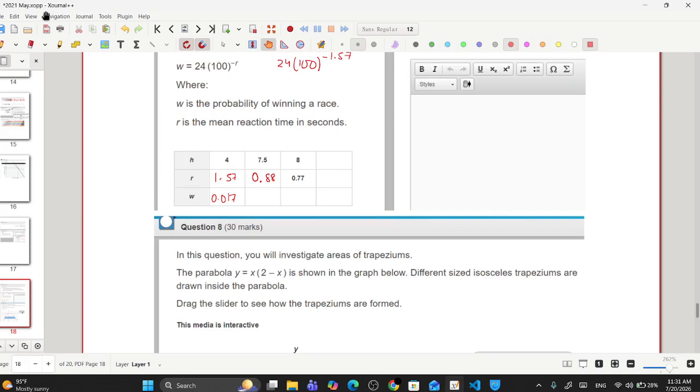Okay, 0.88. So let's substitute the value of R in this equation. 0.24 into 100 raised to the power of negative 0.88. This becomes 0.417.